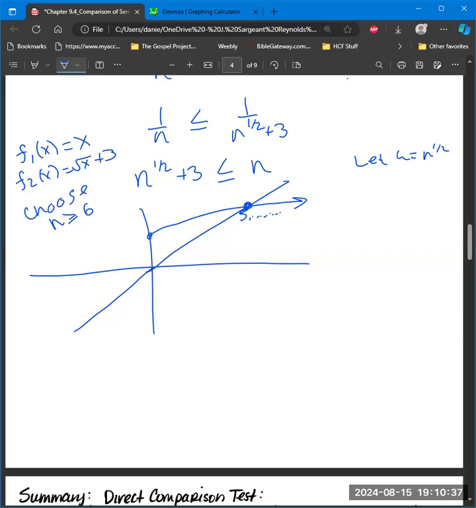So the first perfect square that I know about off the top of my head that's bigger than 5 is 9. So let's use n equals 9. A value of n equals 9 will work nicely.